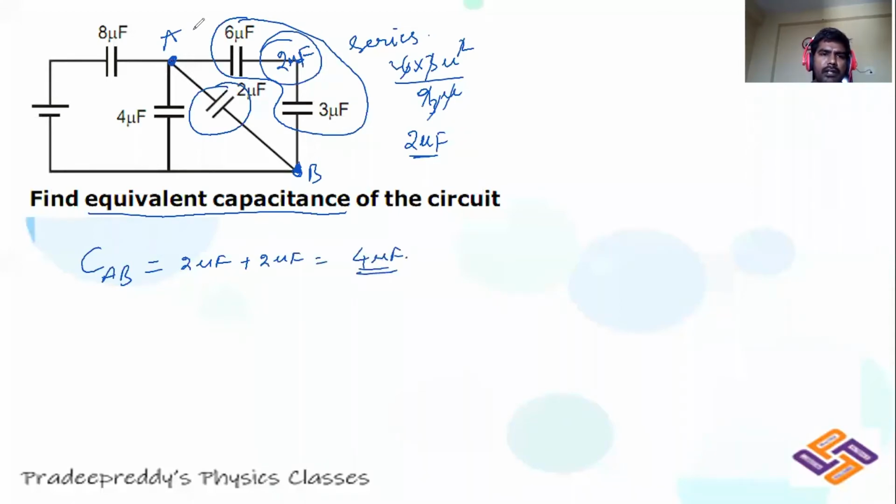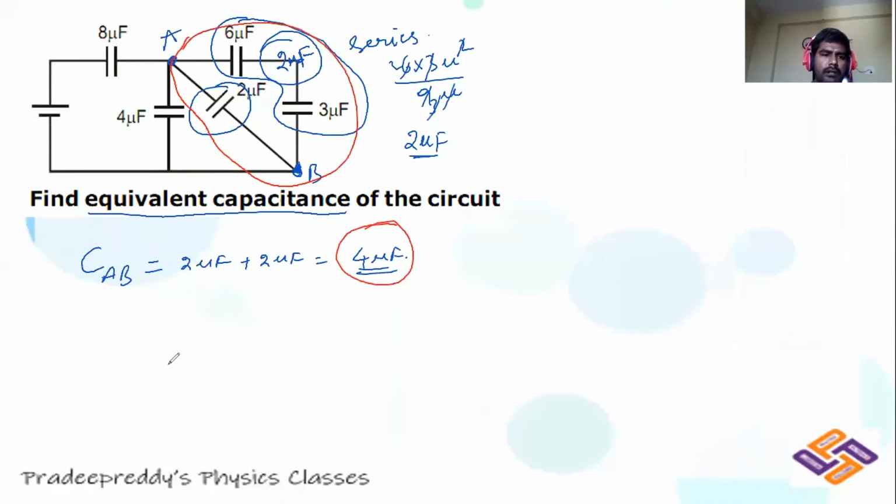So I have resolved the effective capacitance between A and B. Now I can replace this whole part with 4 microfarad.